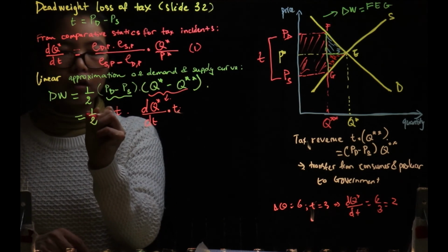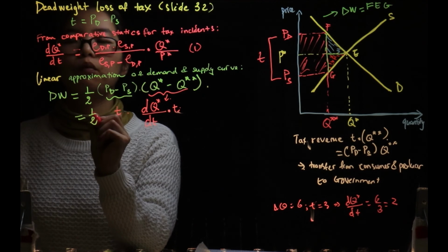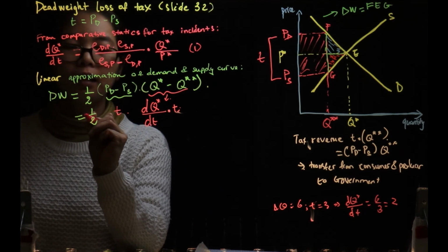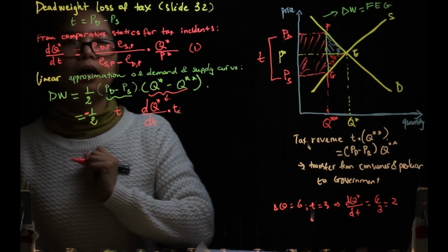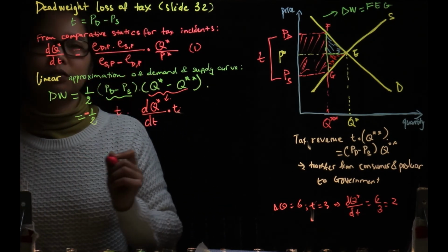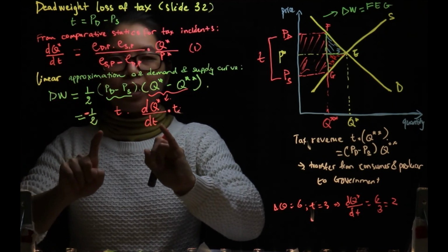And because we're talking about the area, we wanted to interpret the dead weight loss as an area. Better write it as a positive amount, because it's area, just for that reason.